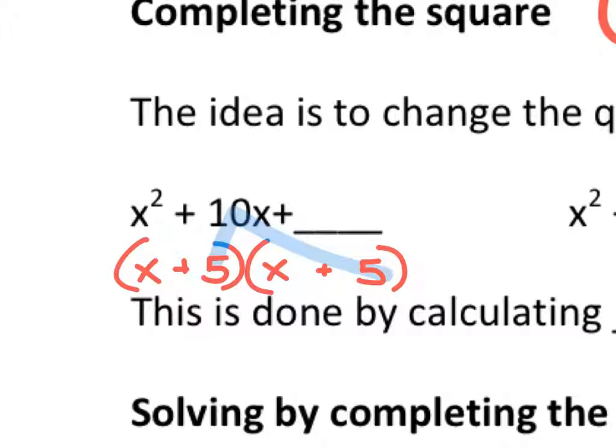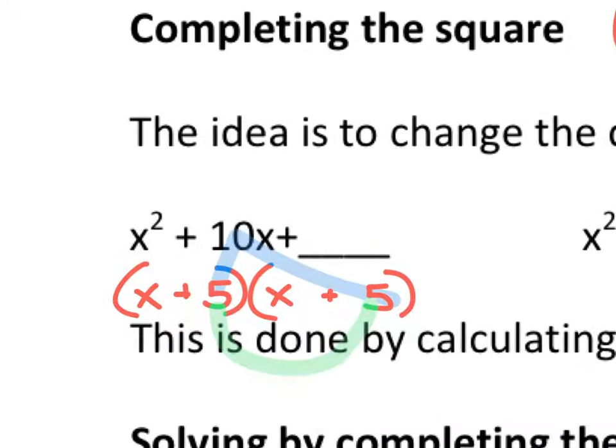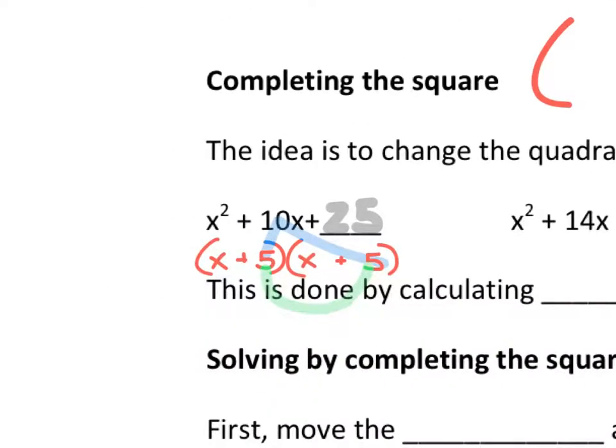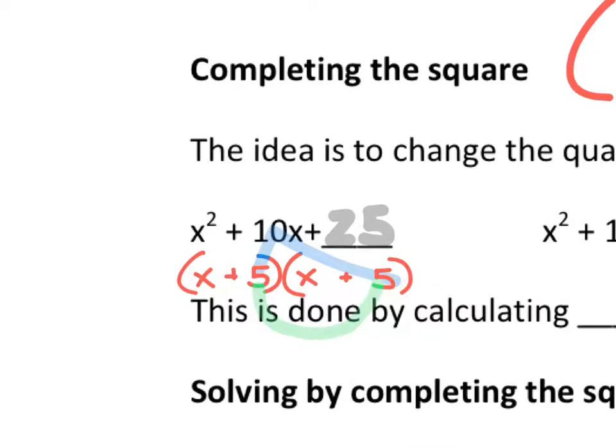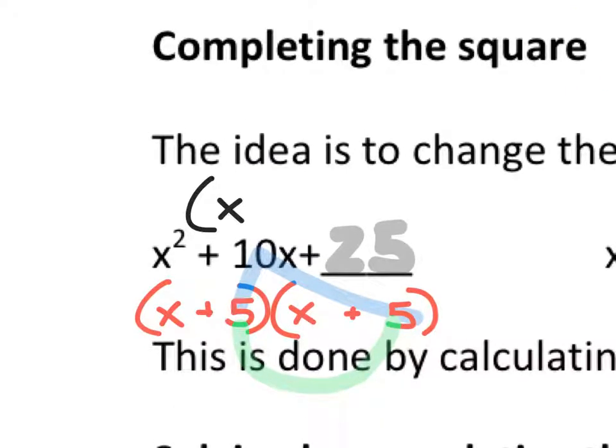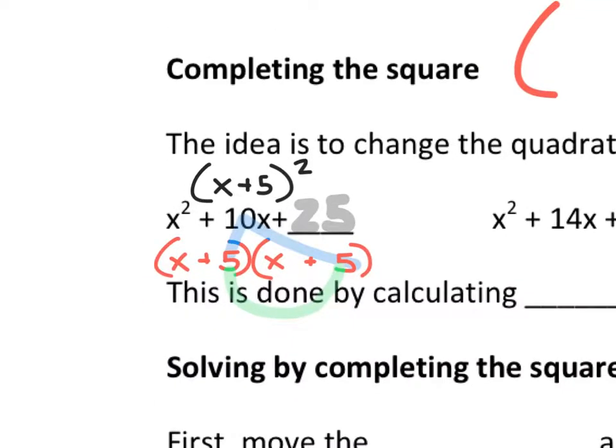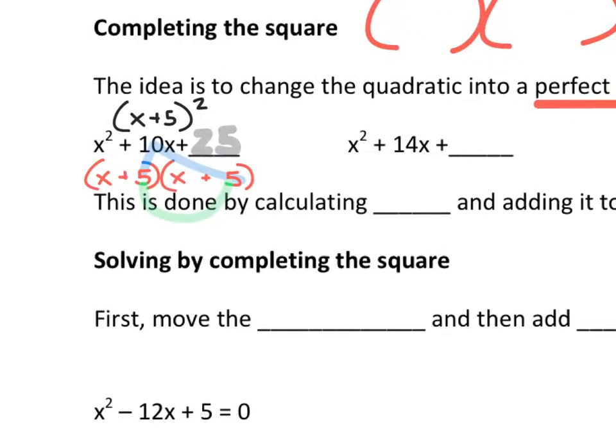Right? 5 plus 5 is 10. So what that tells us now is that our missing term here, which will come from 5 times 5, is a 25. All right? So we just completed that square. What this would factor to now is x plus 5 squared. All right? And that's the process.